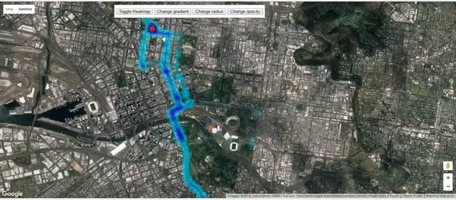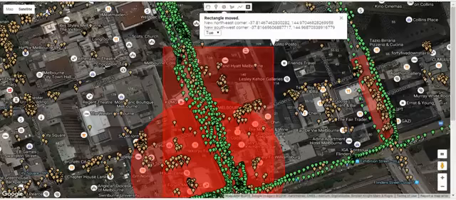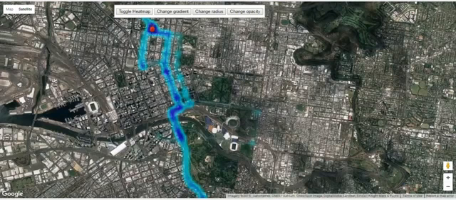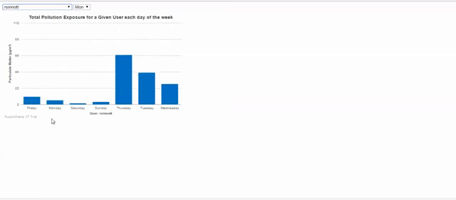Here also in the heat map we see pollution exposure as a whole, but you can also see pollution exposure for a particular person. If you select a particular person, like if I select Arsenal, you can see his weekly pollution exposure for his whole data.